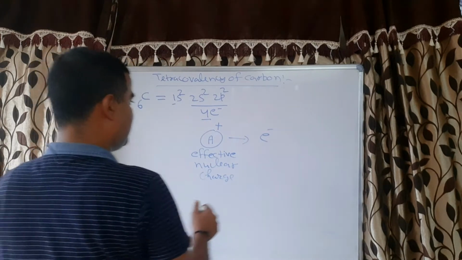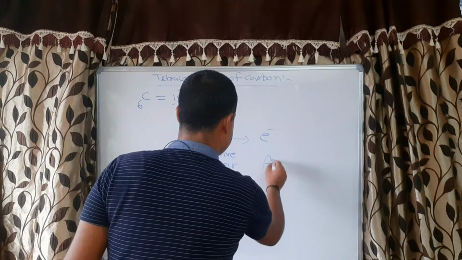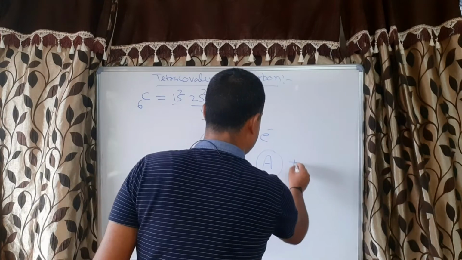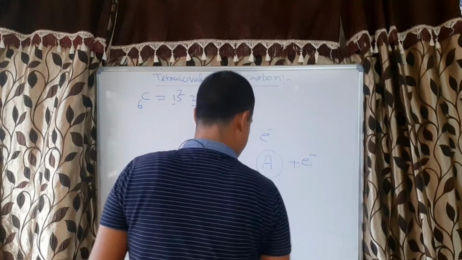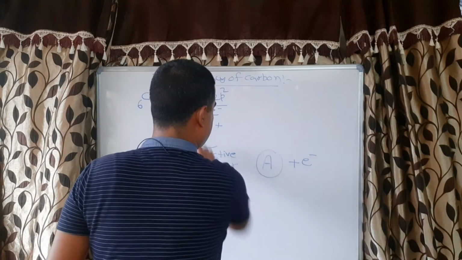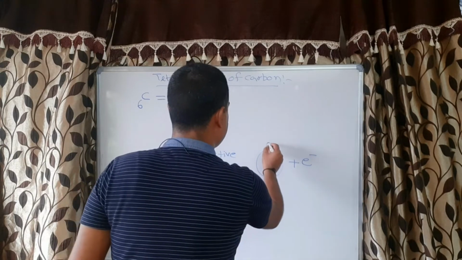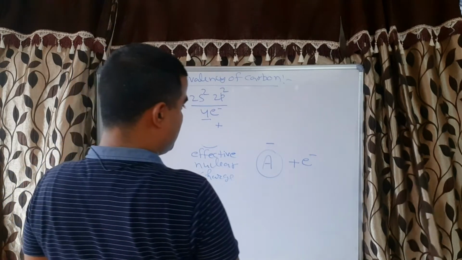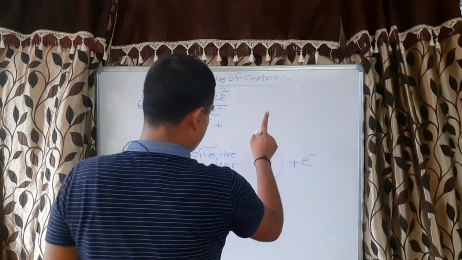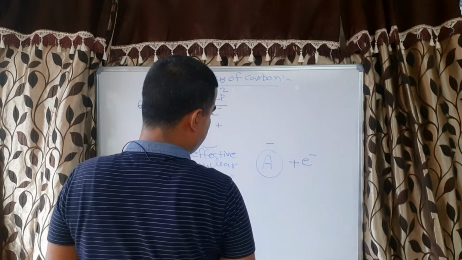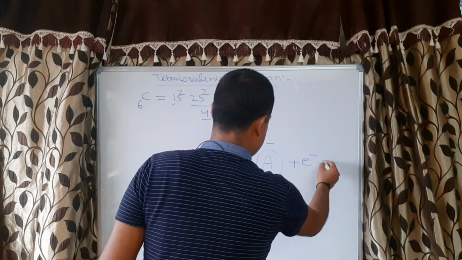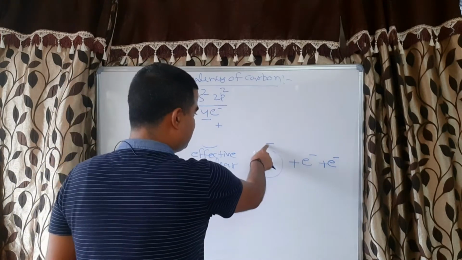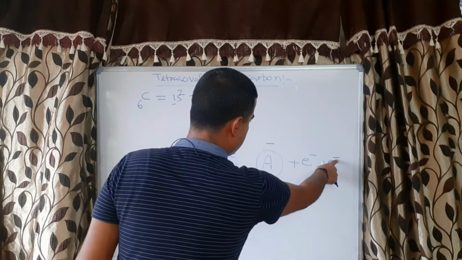In the same way, suppose this is an atom. Now it is accepting 1 electron. When it accepts 1 electron, there will be a negative charge here. Now what will happen when this atom accepts 1 more electron? This is also a negative charge and this is also a negative charge.